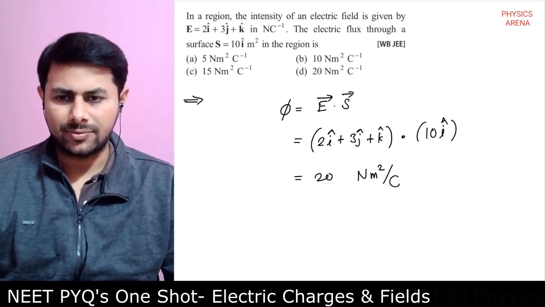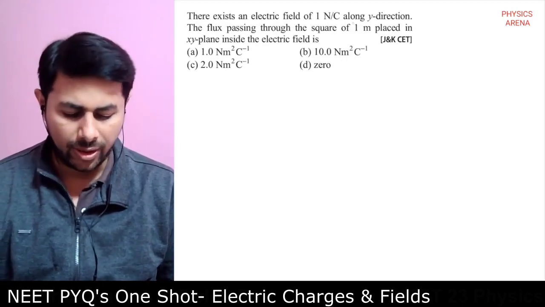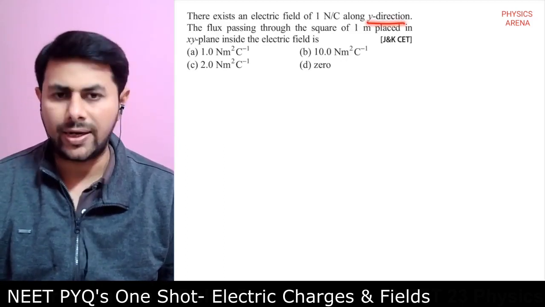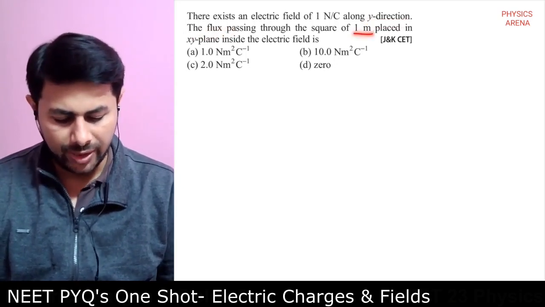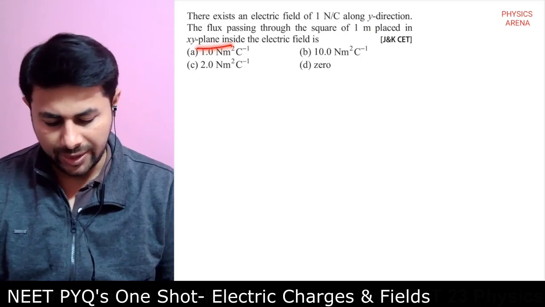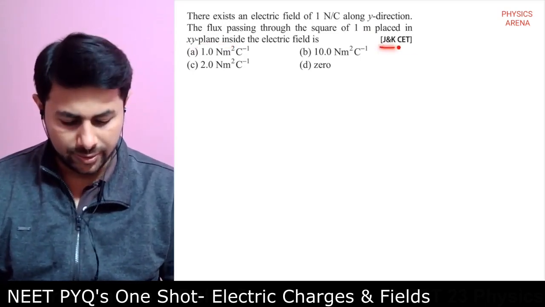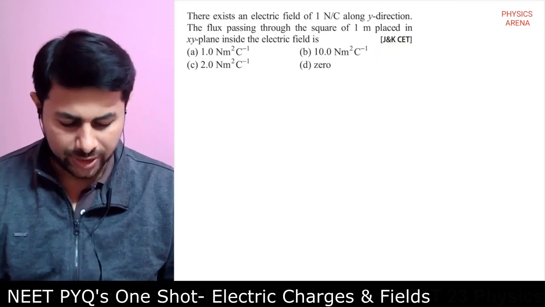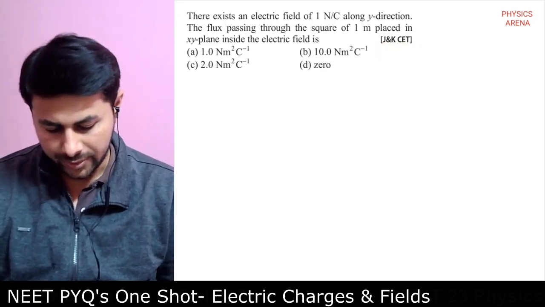Very simple question. There exists an electric field of 1 newton per coulomb along y direction. The flux passing through the square of 1 meter placed in the xy plane inside the electric field is. It is from J&K, Jammu and Kashmir CET.